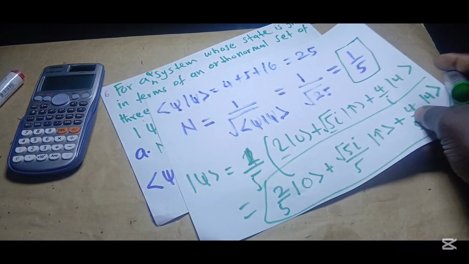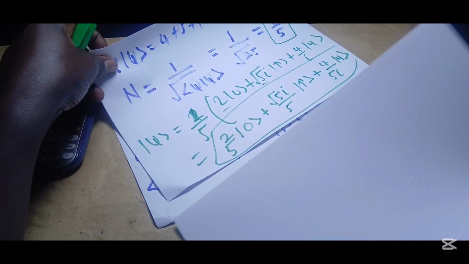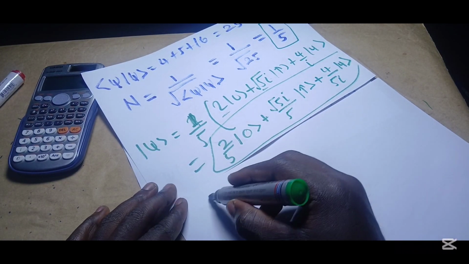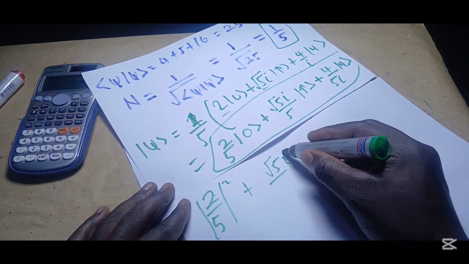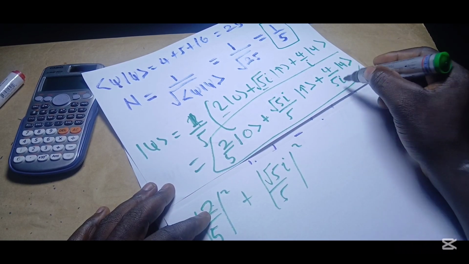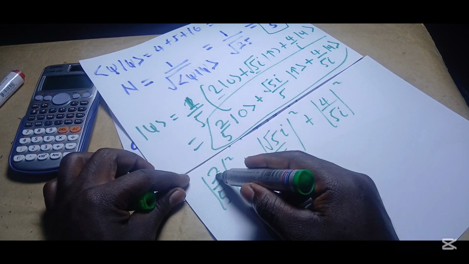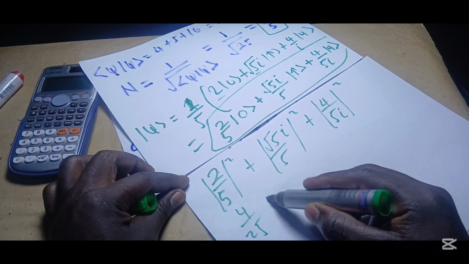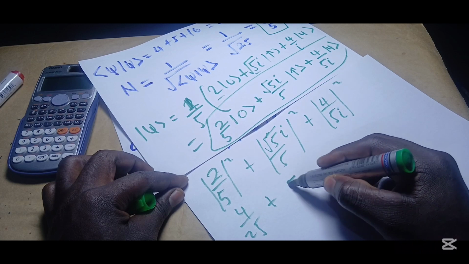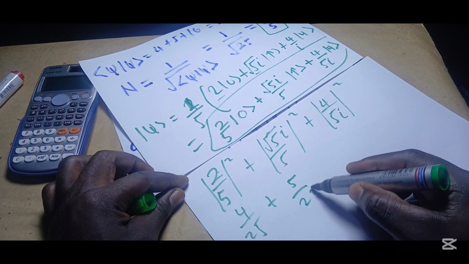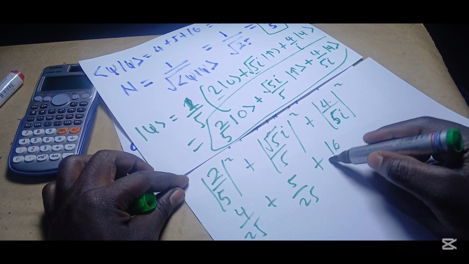Then how do we prove that? Just take the absolute square of each coefficient. We have the absolute square of 2 over 5, plus the absolute square of square root of 5i over 5, plus the absolute square of 4 over 5i. Squaring gives us 4 over 25, plus 5 over 25, since squaring takes care of the i and the square root, plus 16 over 25.